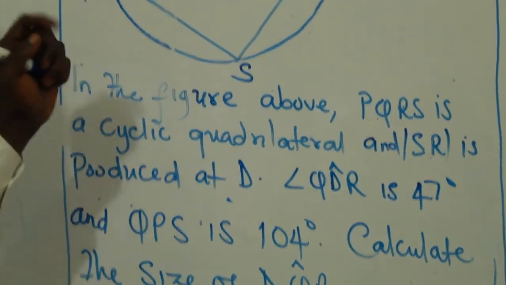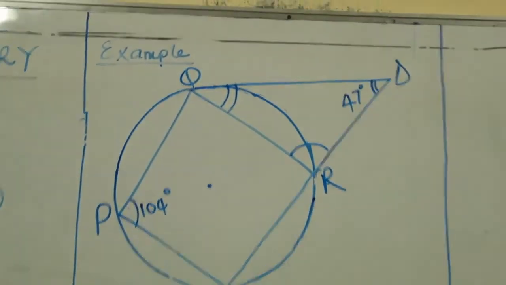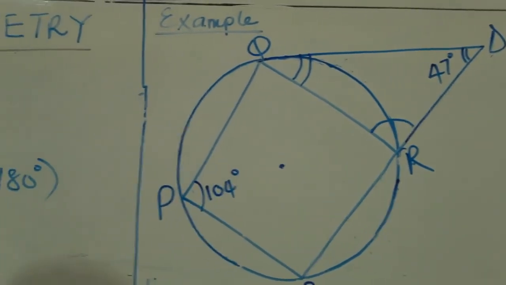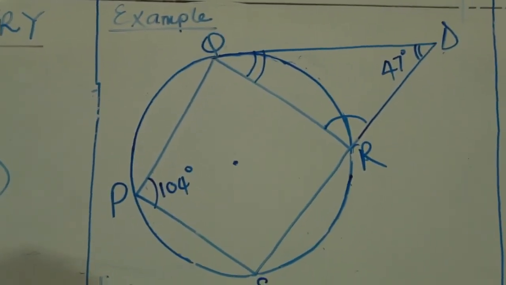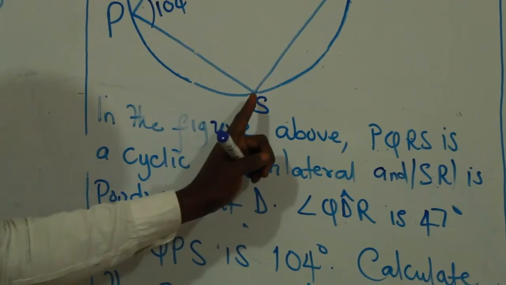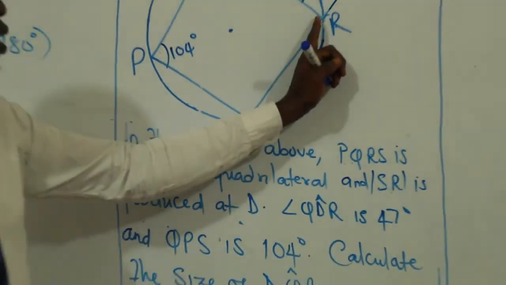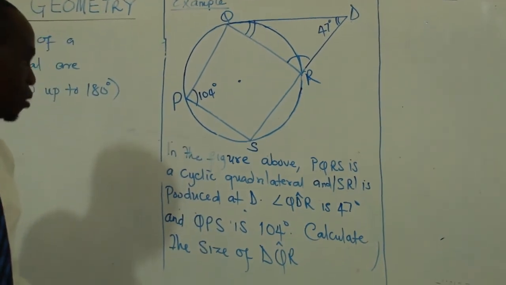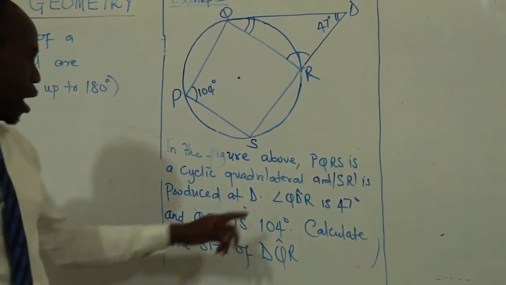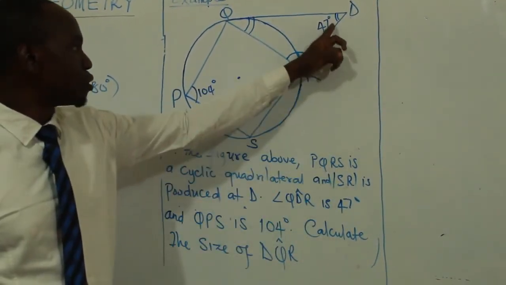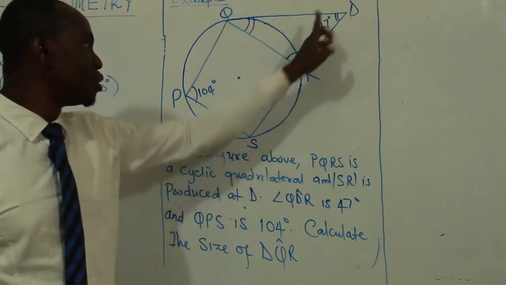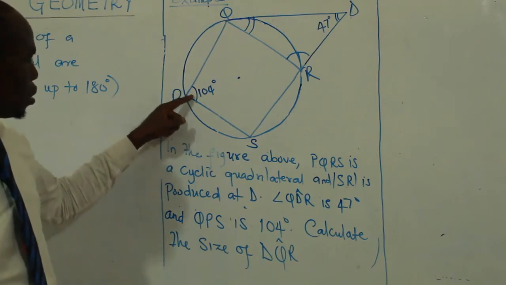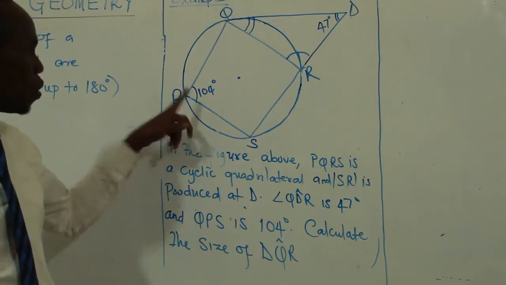It means that the four-sided figure is drawn inside of the circle where the vertices touch the circumference. SR is extended until you get to a point that is labeled D. Angle QDR is given as 47, and QPS is given as 104.